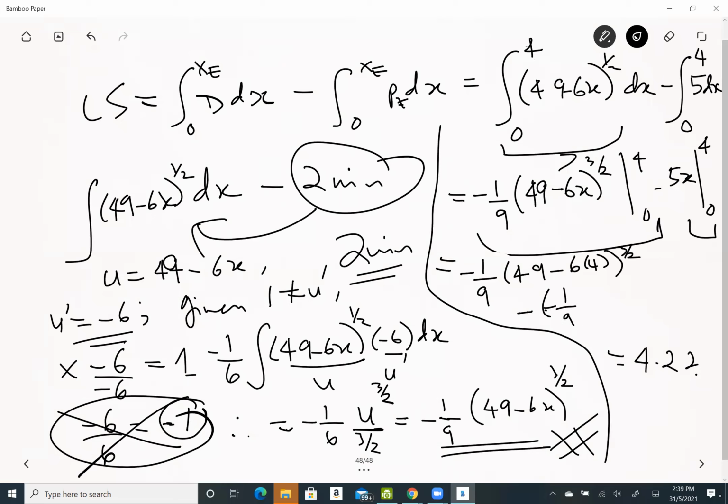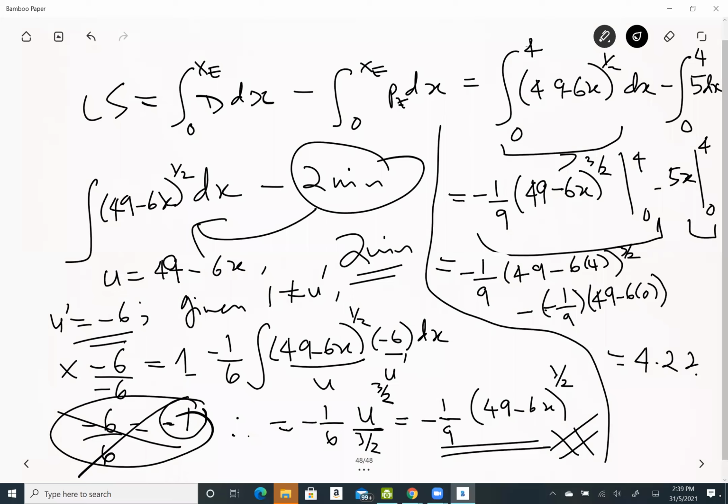It's quite a long story. Negative 1/9, you got a minus, minus a negative of 1/9, multiplied by 49 minus 6 times 0. So you don't assume that when you evaluate the integral at 0, you get 0. It's not, because that will depend on the function.